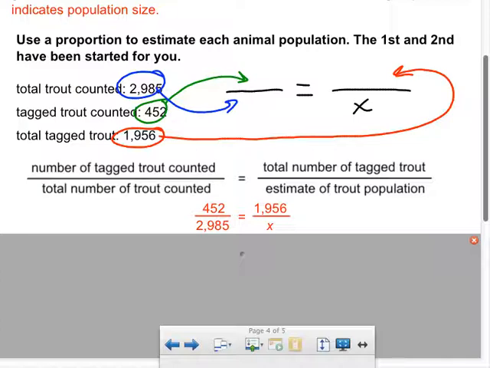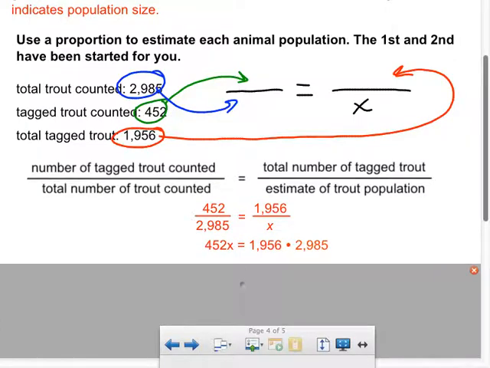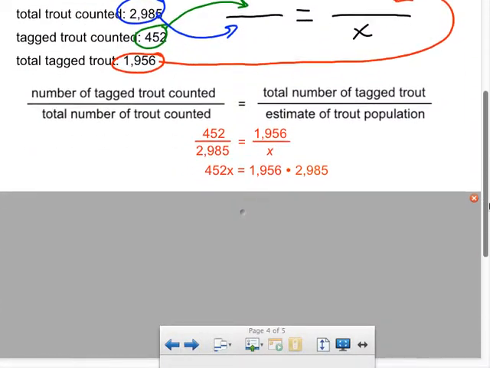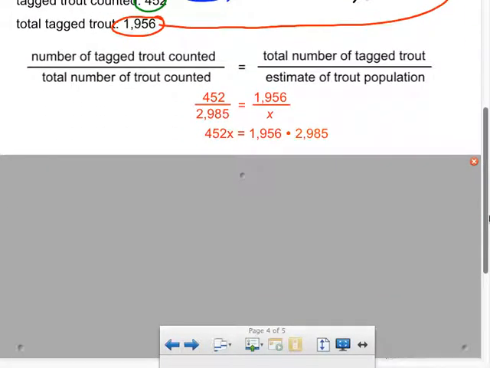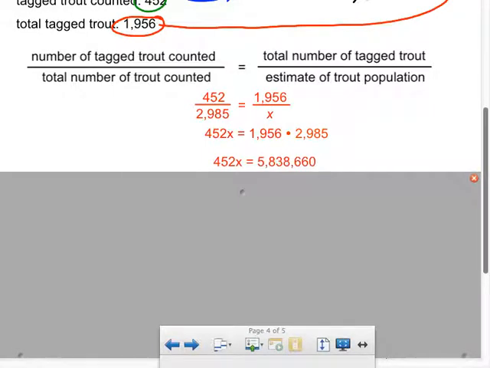Yes, you're going to multiply 2,985 with 1,956. Very good. And what did you get when you multiplied 2,985 times 1,956? Very good. 5,838,660.